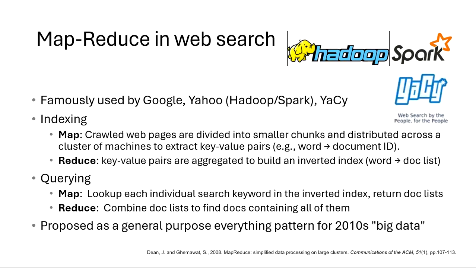Roughly you have many nodes, computational nodes in your network. If you're a commercial search engine, they're probably all co-located in the data center. If you're an open source distributed search engine, then they're distributed. But each of those nodes is going to get given jobs from the map part.